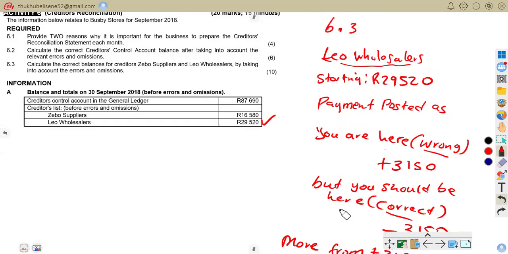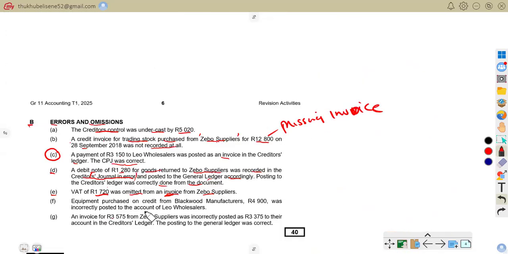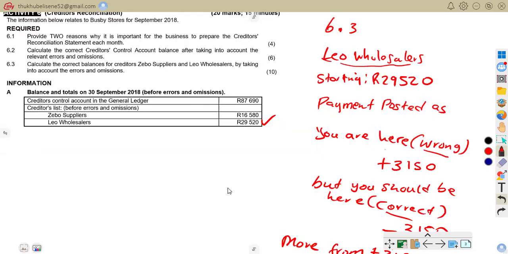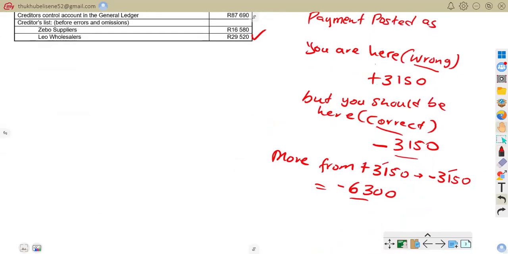So moving on, now we're going to look at another adjustment that will affect our Leo wholesalers. So now here we are on F, as it says, equipment purchased on credit from Blackwood manufacturers, 4,900, was incorrectly posted to the account of Leo Wholesaler. So you can see that F does affect the Leo suppliers.